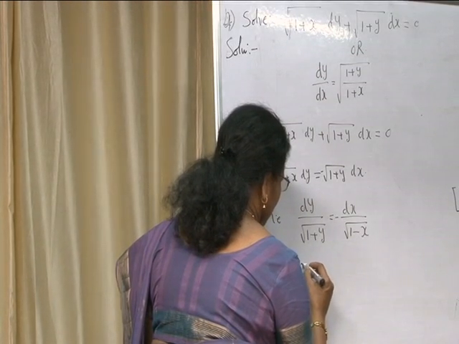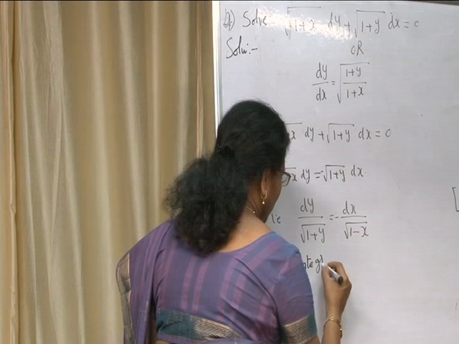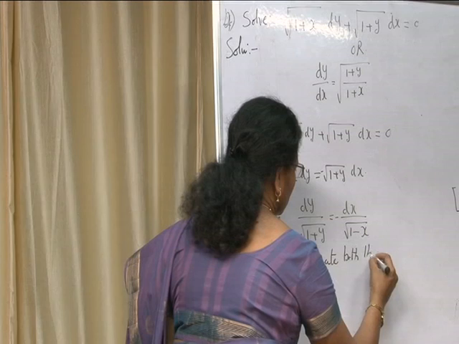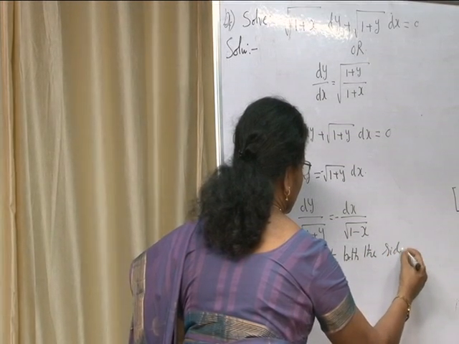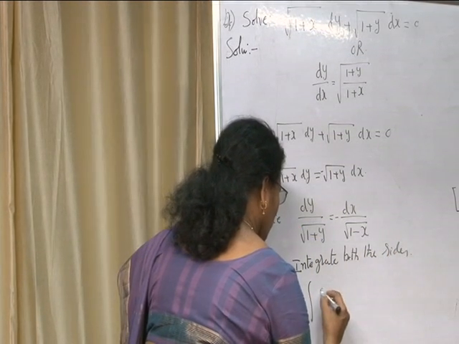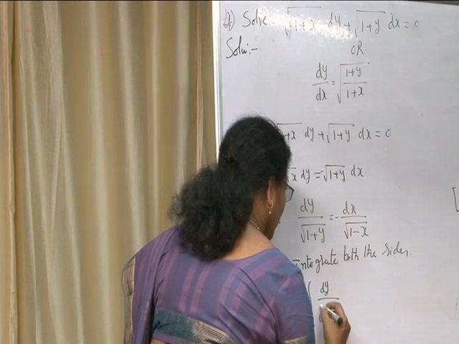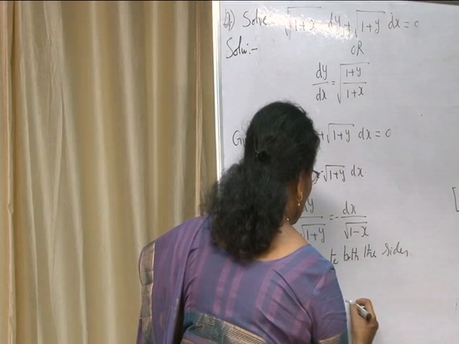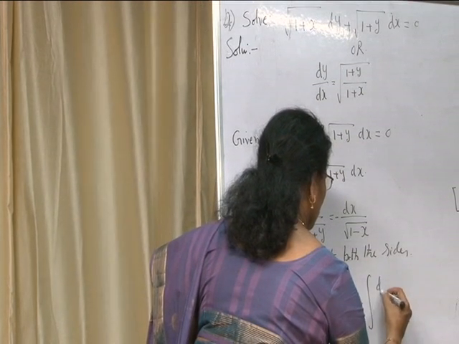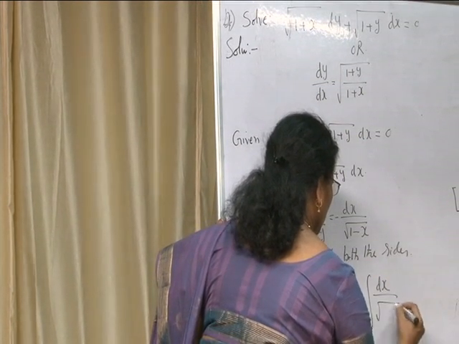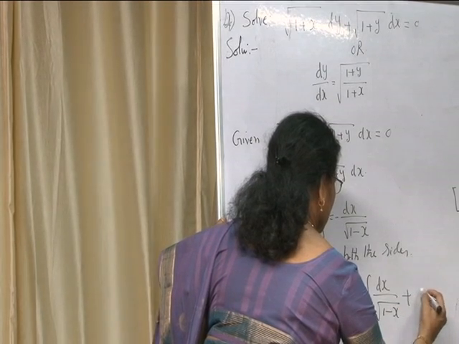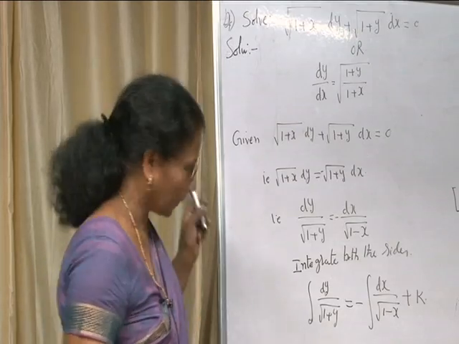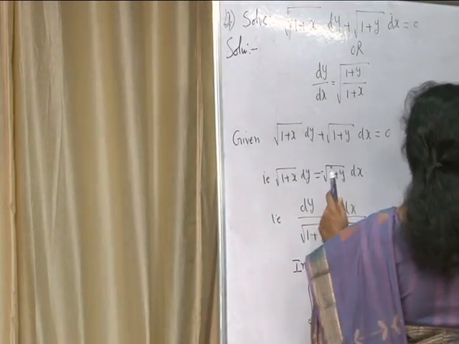Integrate both the sides. Integration of dy by root of 1 plus y is equal to minus integration of dx by root of 1 plus x plus k. k is the integral constant.